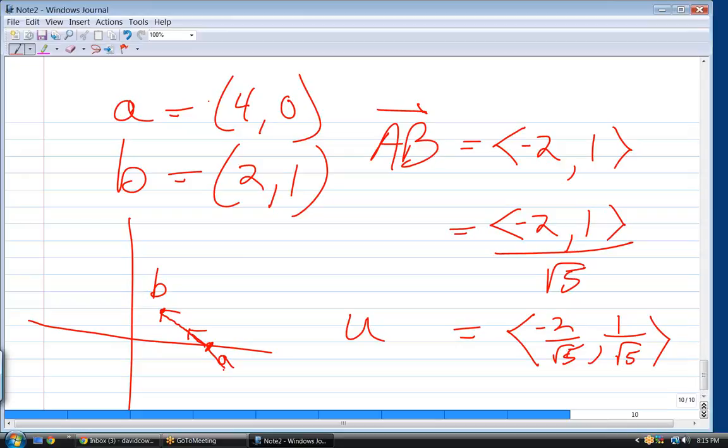And you said 3 times it? So how do we get this thing to go in the opposite direction of this unit vector and 3 times it? It looks like instead of going to the left that amount, I would go that amount to the right times 3. So it would be -6 over root 5, comma, going down instead of up, this thing must be minus that.